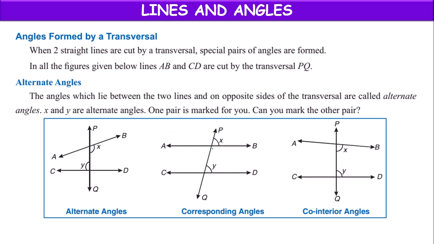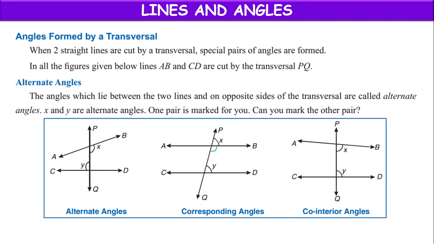And another pair, this X, Y pair, they are called corresponding angles. It means they lie on the same side of the transversal, above the transversal. If they correspond to the same position at both intersecting points, above the transversal, then they are called corresponding angles.